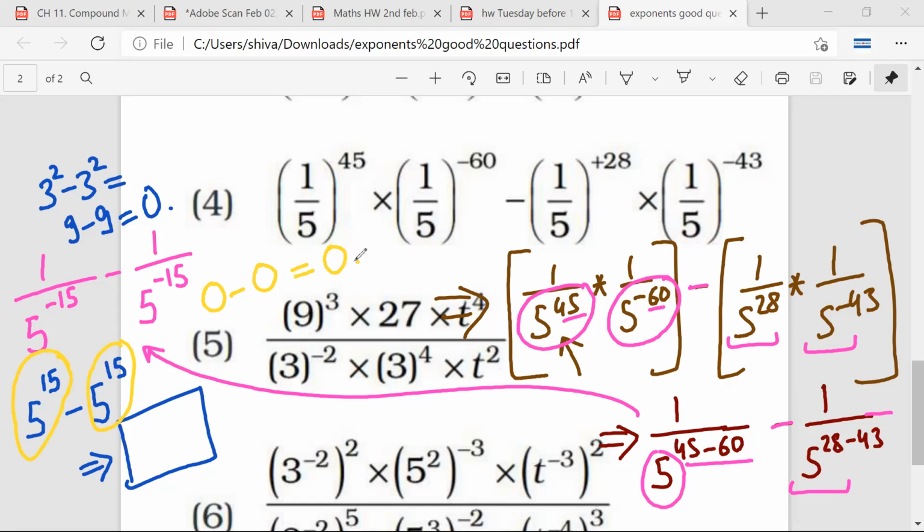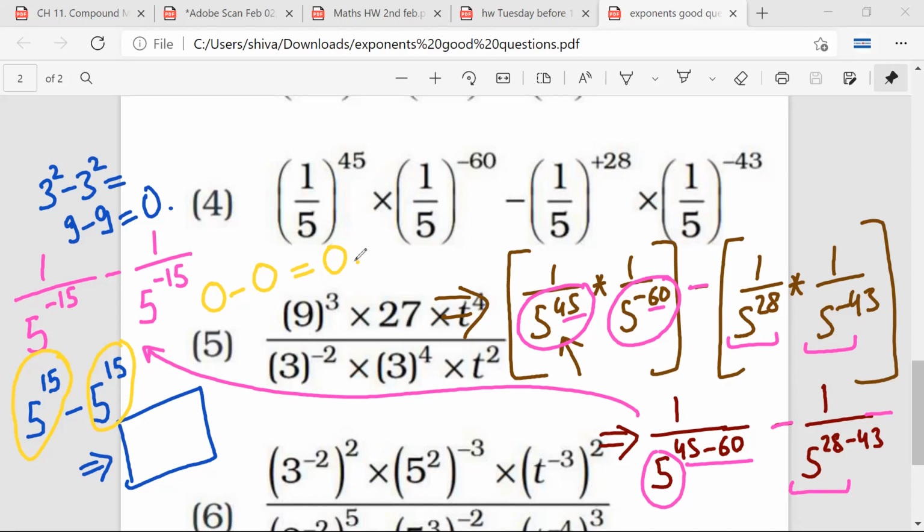Any doubt still? No, sir. I think I'm repeating this for the third or fourth time. Exponents is tricky. And if you understand, then you won't face any problem in 8th, 9th, 10th, 11th, 12th.